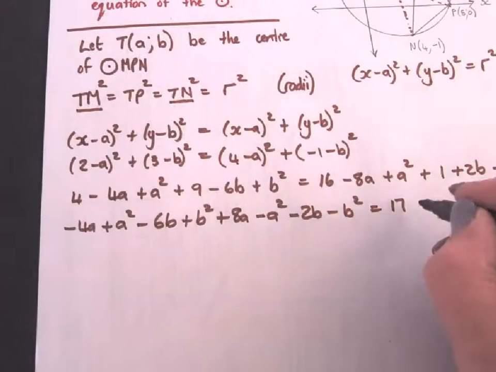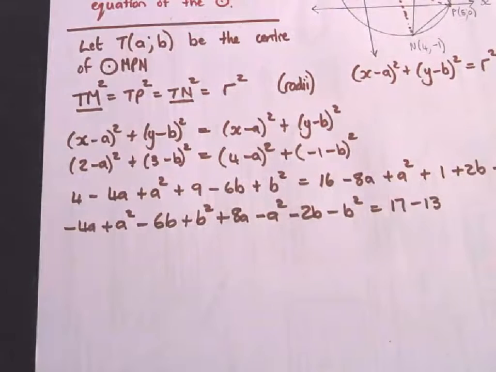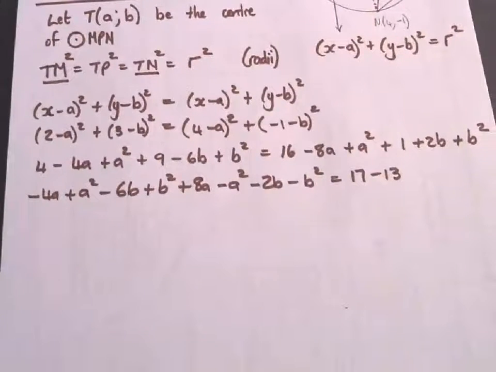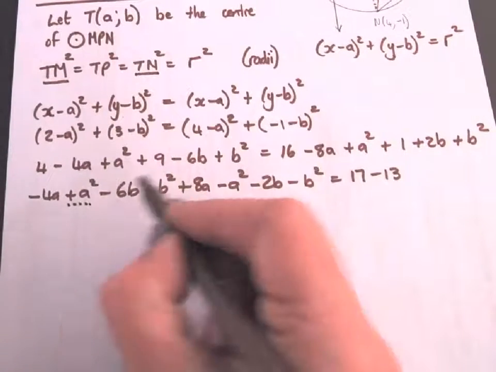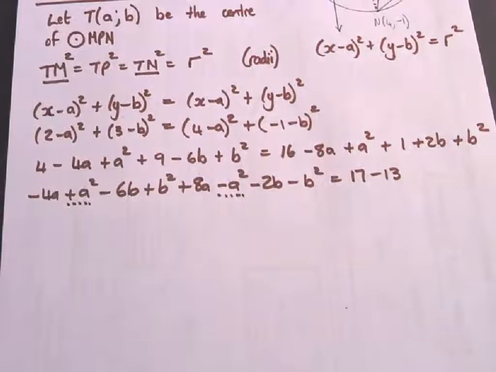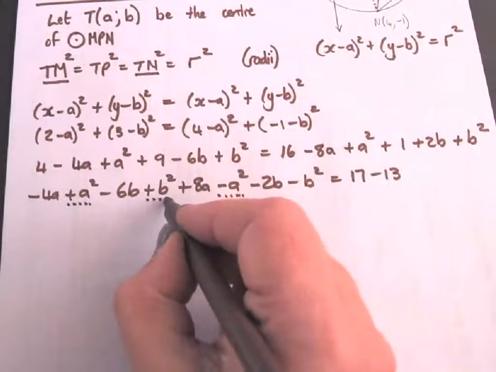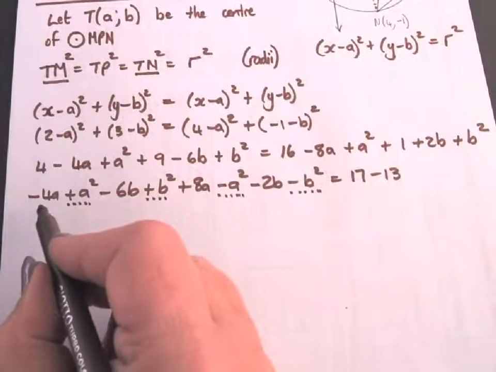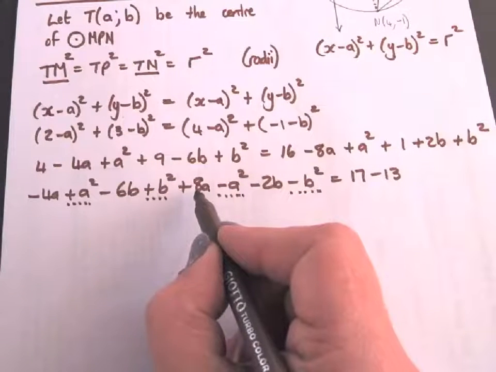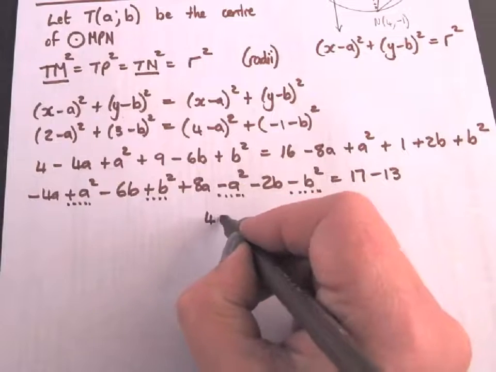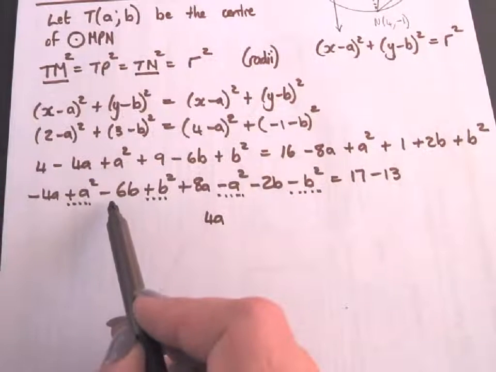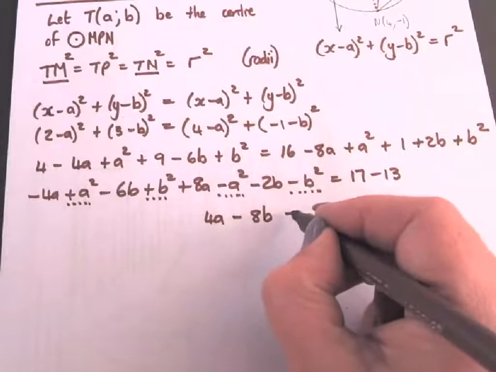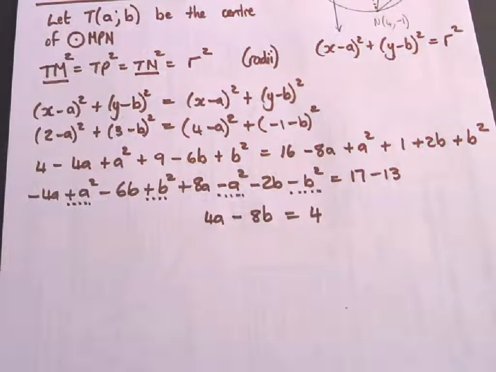Take it over, negative 13. Plus a squared minus a squared is 0. Plus b squared minus b squared is 0. Minus 4a plus 8a gives you 4a. Minus 6b minus 2b is minus 8b, and that equals 4.